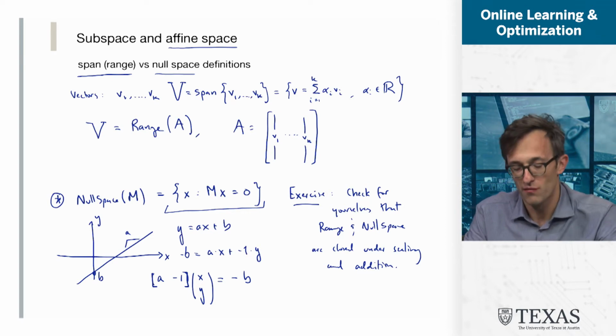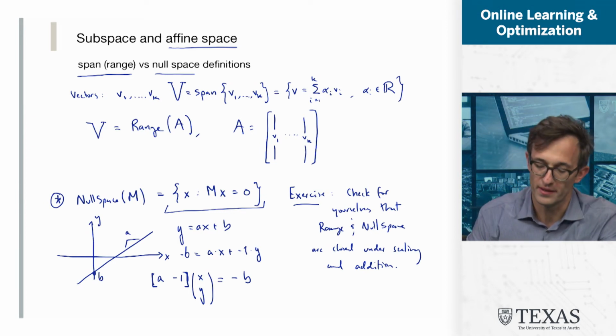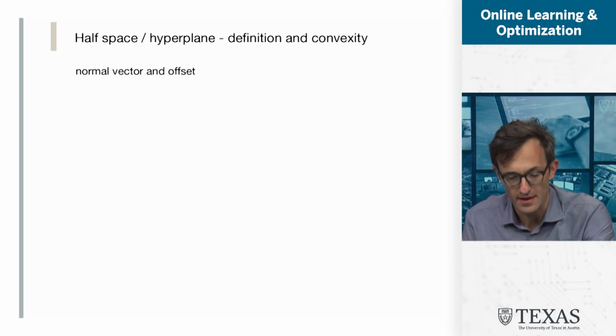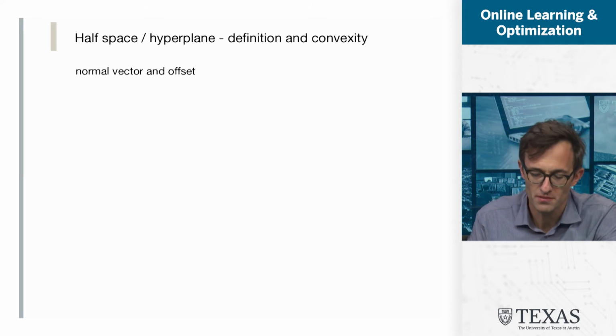We care about flat planes in 3 dimensions, and we can't visualize it, but we care about the analog in higher dimensions. So let's generalize what we just saw, not for 2 dimensions, but the general case.